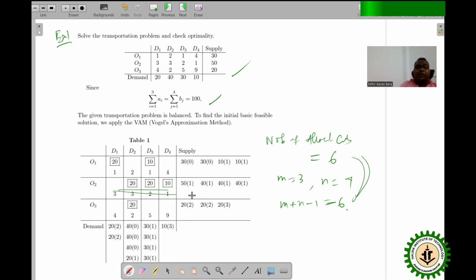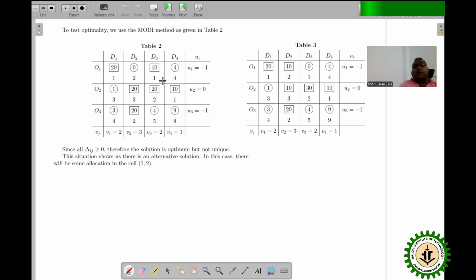So as I said earlier, we define the dual variables for the origins, which are U1, U2, U3, and for the destinations V1, V2, V3, V4. So we get a relation for the allocated cells, that Ui plus Vj is equal to Cij for the allocated cells.